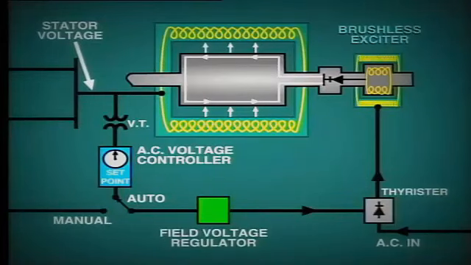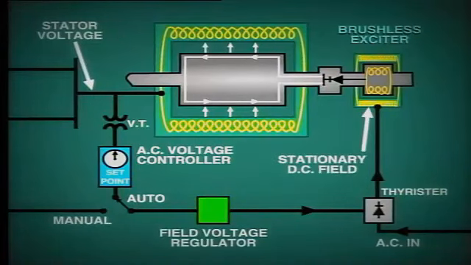Another type of excitation system often used is known as the brushless exciter. The exciter is actually a small AC generator which is built on the end of the generator shaft instead of collector rings. In this exciter, a stationary magnetic field is provided from the DC winding, which is wound on the stator.